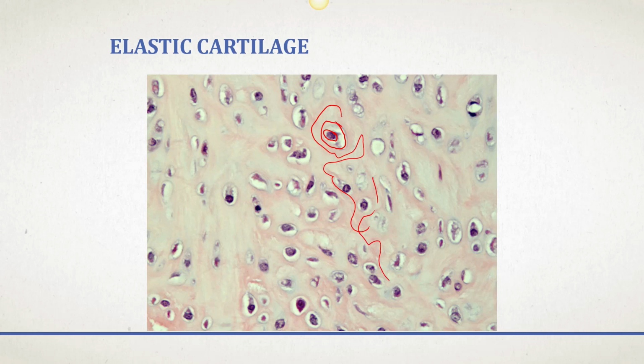Elastic cartilage is located in the external ear and also in the eustachian tube that helps alleviate pressure from the middle ear. Elastic cartilage provides flexible support. So for the function of this one, flexible support.